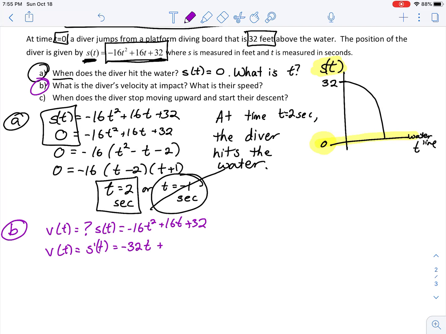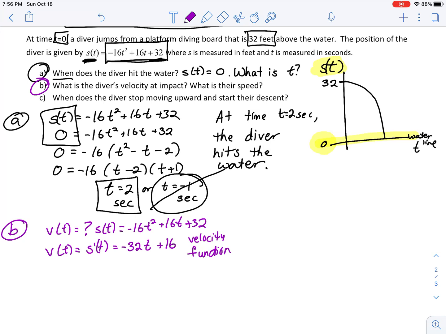Next term, 16t's derivative is 16. Last term, 32, its derivative is 0. So our velocity function is v of t, or s prime of t, equals negative 32t plus 16.